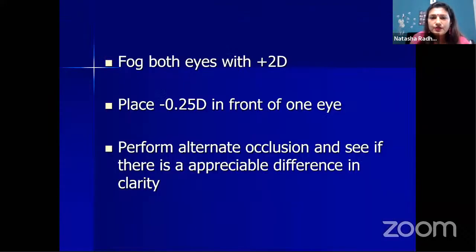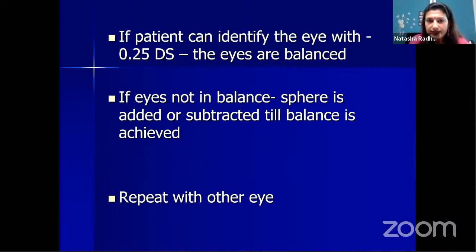Now, another method of doing this is to fog both eyes with +2, and then you put a minus 0.25 in front of one eye first and then in the other eye. You perform alternate occlusion and see if the patient can understand that there is a difference in clarity between the two eyes. If the patient cannot identify, that means that the eyes are not balanced.